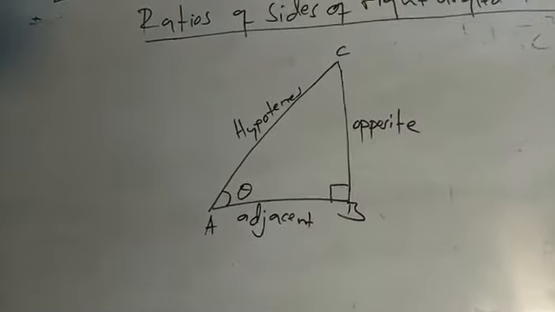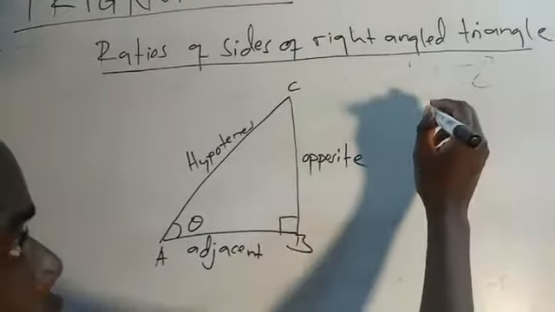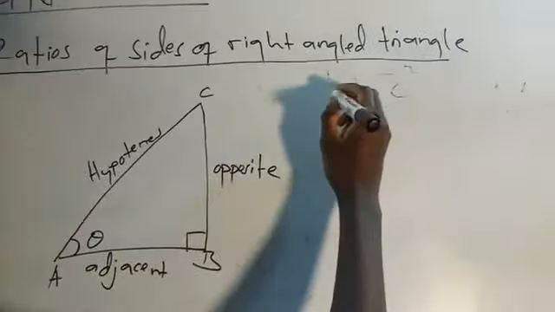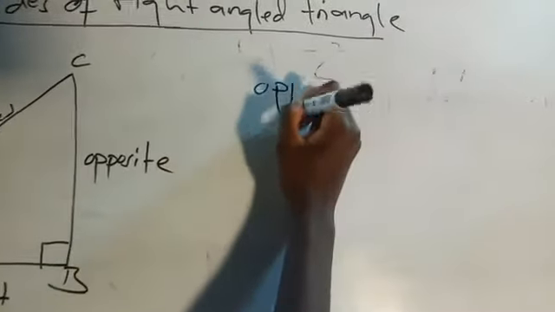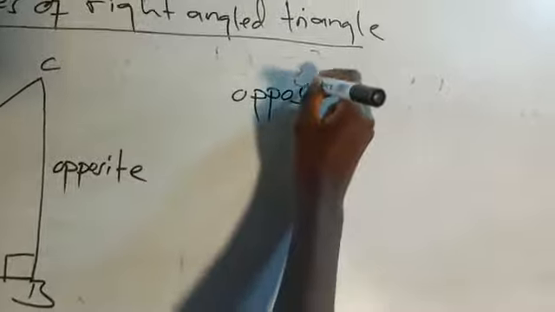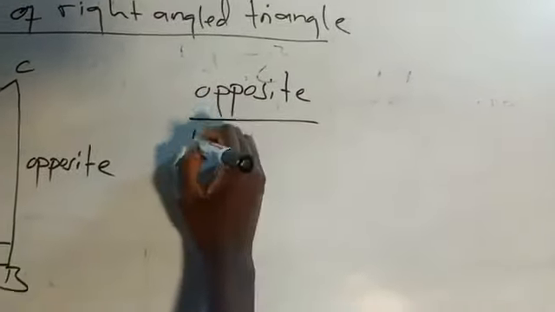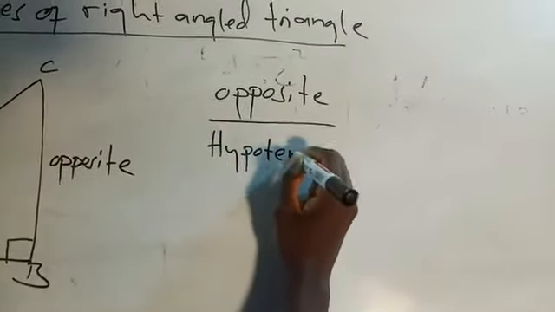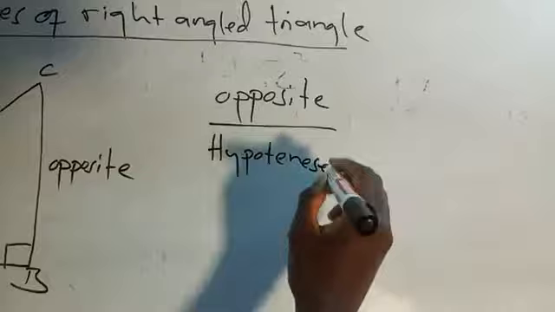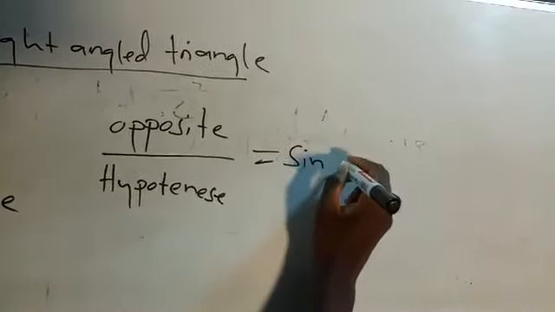So in ratios of a triangle, we shall have a ratio which is called opposite over hypotenuse, which is equaling to sine theta.